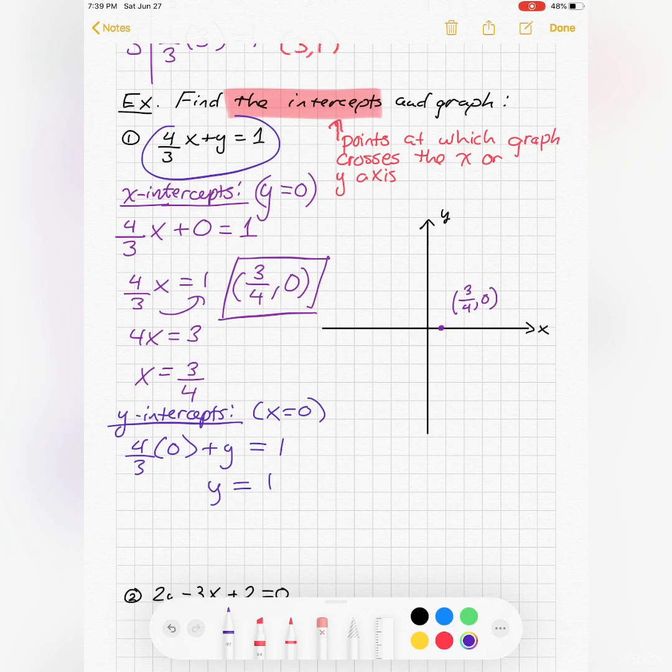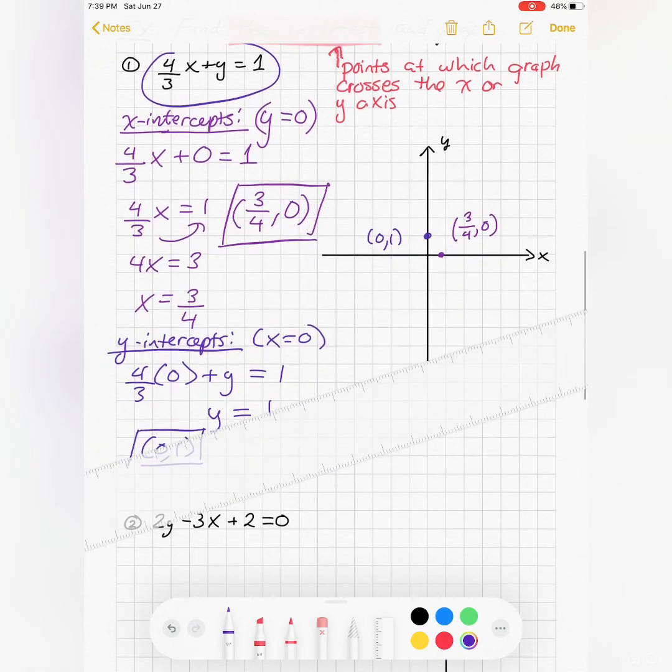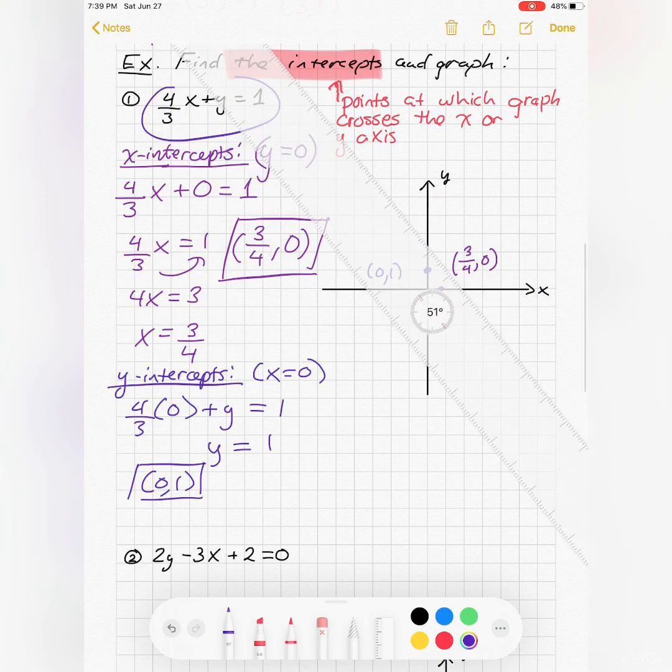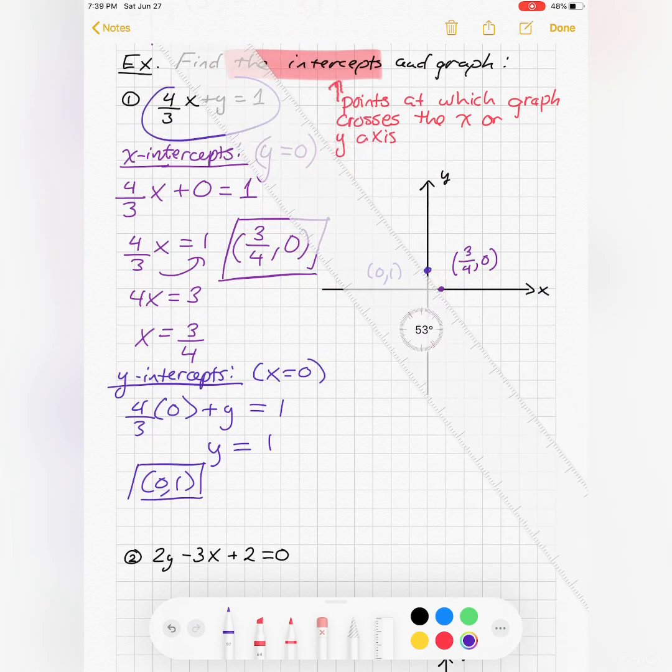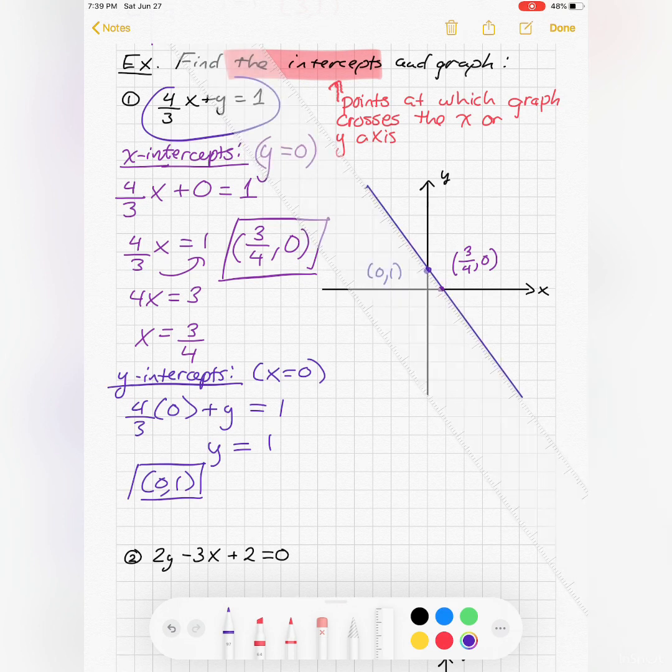Well, that one's easy. y is 1. Okay, so I know I'm dealing with a line. Go ahead and draw a straight line through those points. And there we have it.